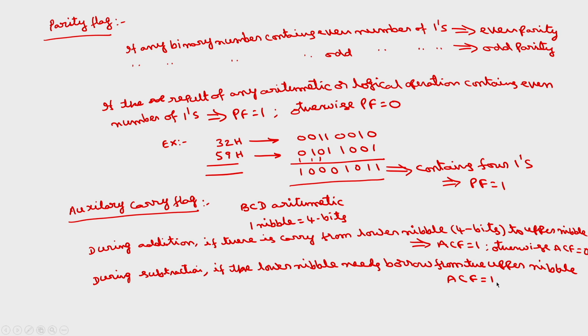So, either there is a carry from the lower nibble to the upper nibble, or the lower nibble needs a borrow from the upper nibble. Regardless of whether the number is 8 bit or 16 bit, we check only the last 4 bits, the last nibble.